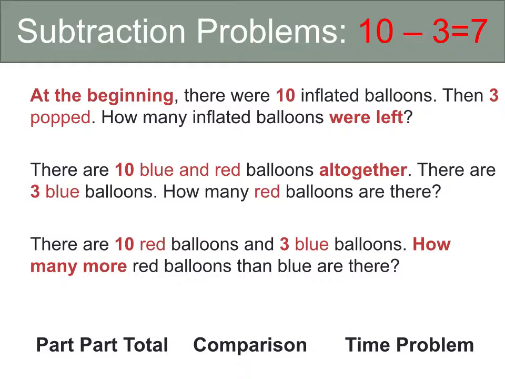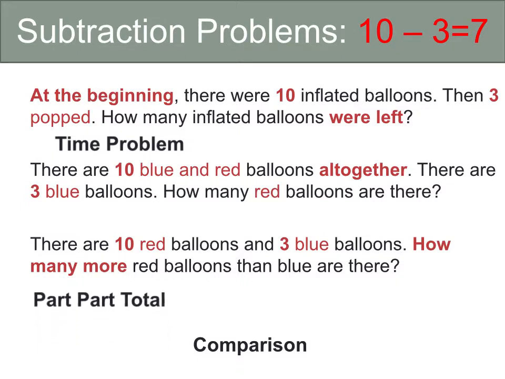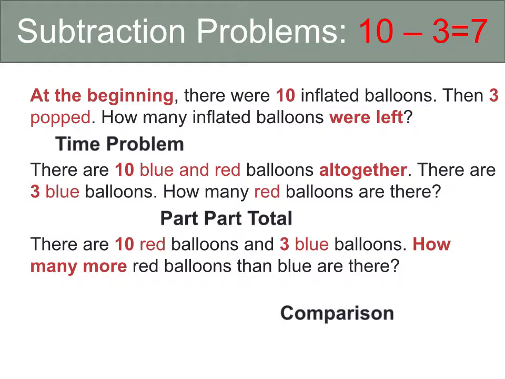This problem is a time problem. The second problem deals with total. The third problem involves comparison. All these problems require the simple calculation, 10 minus 3. However, the logic behind the problems is completely different.